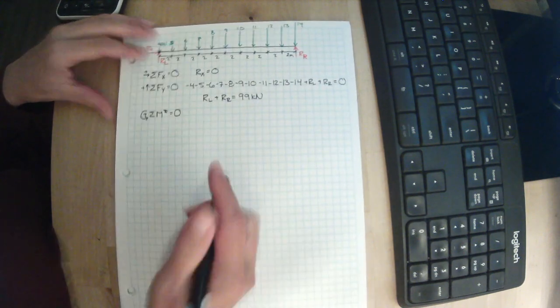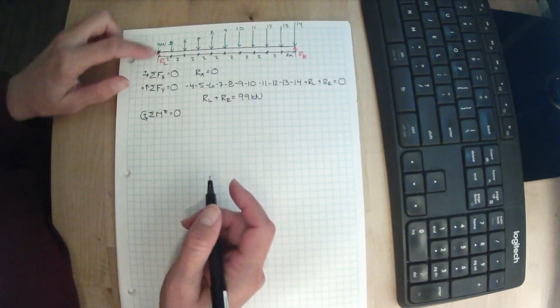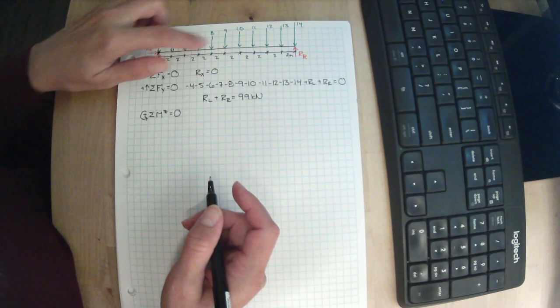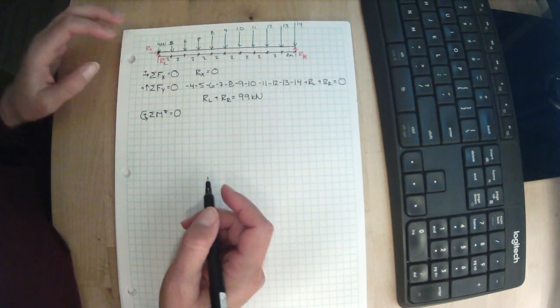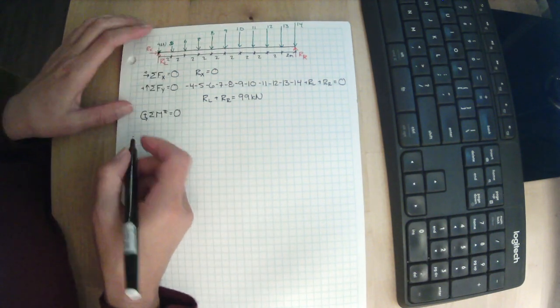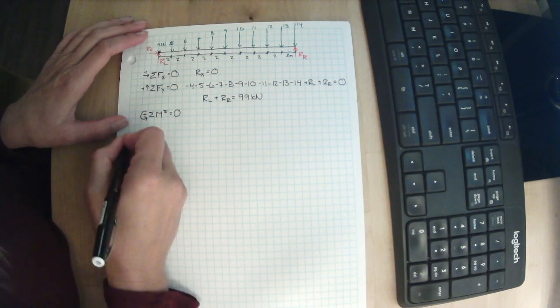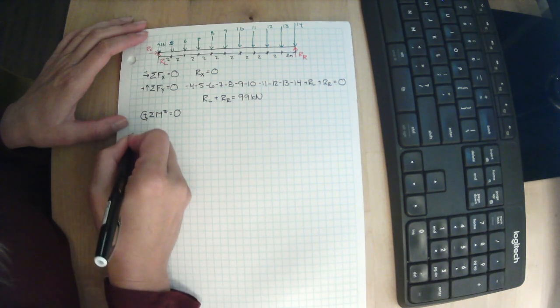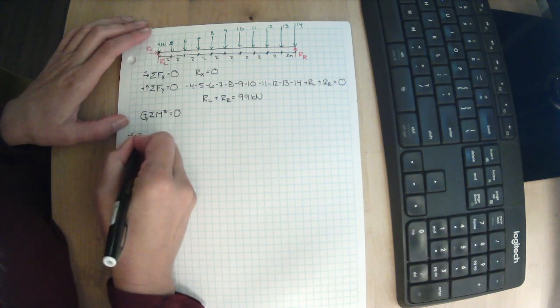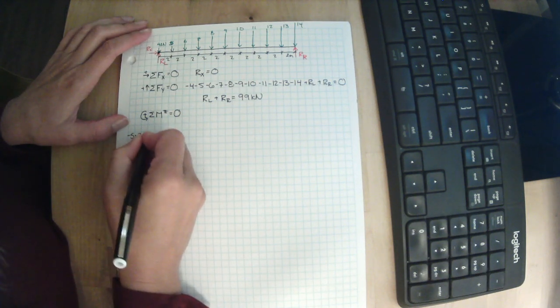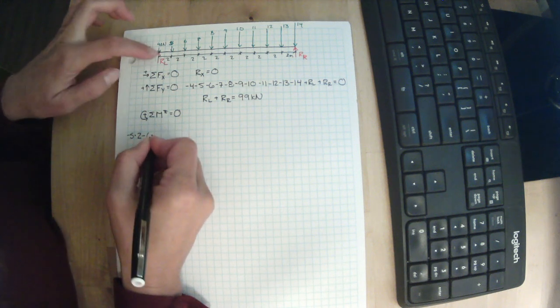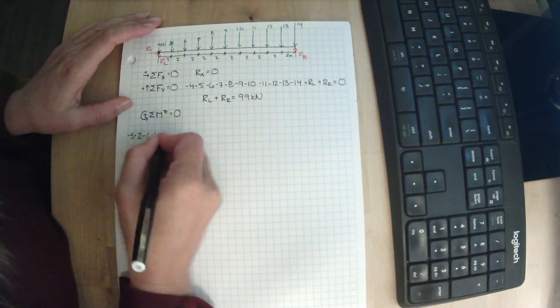So remember, you need a force and a distance to be a moment. So the distance away every single one of these is how we calculate our moment. Let's look at 5. We know all of these are causing a negative moment. So minus 5 times 2 meters. Minus 6 times 4 meters.